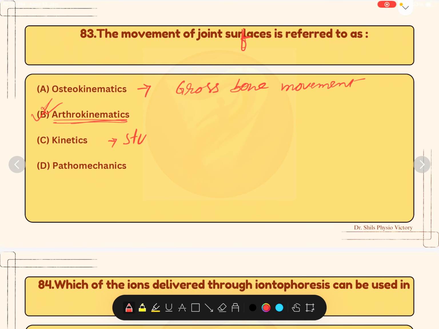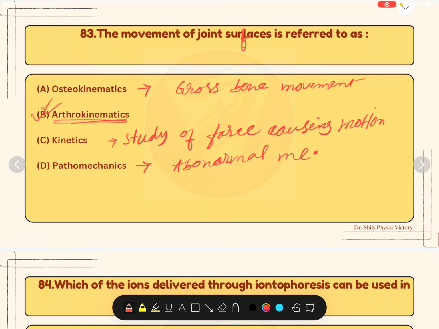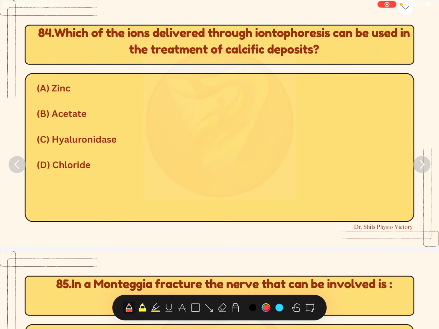Kinetics is the study of force causing motion, and pathomechanics is abnormal mechanics leading to dysfunction.